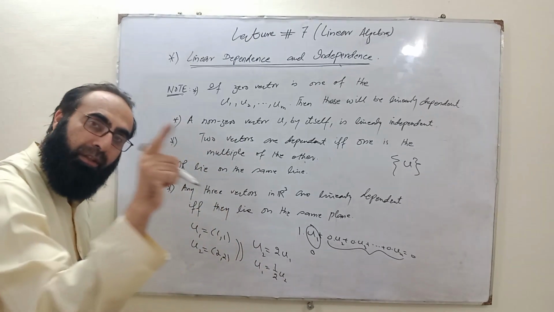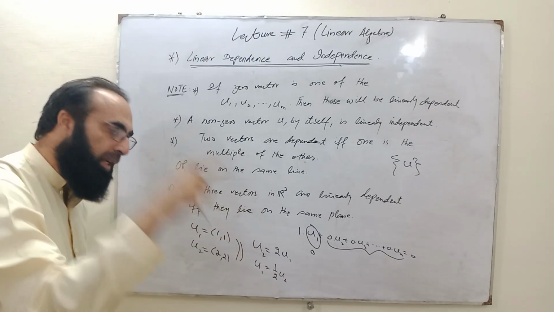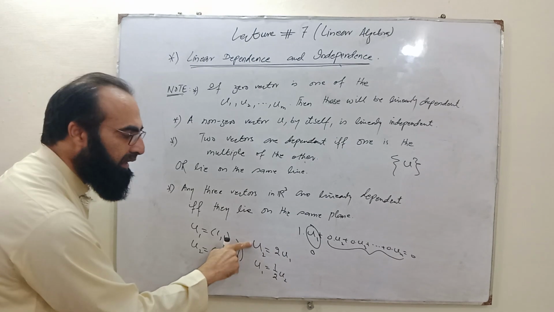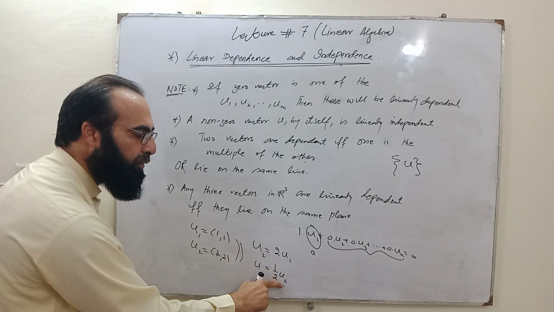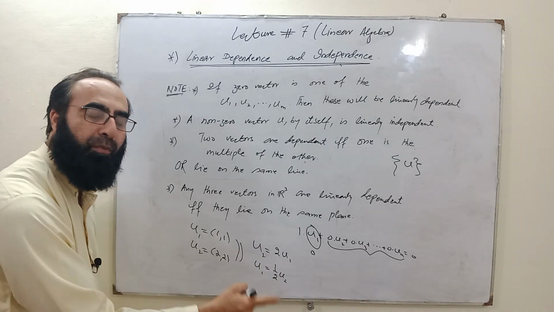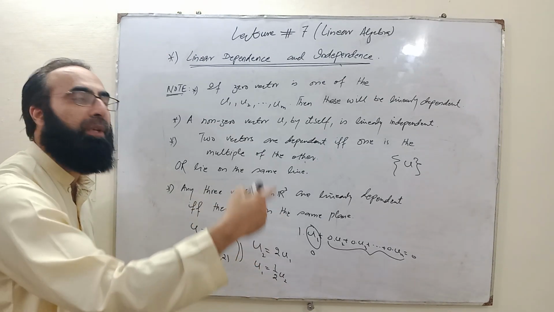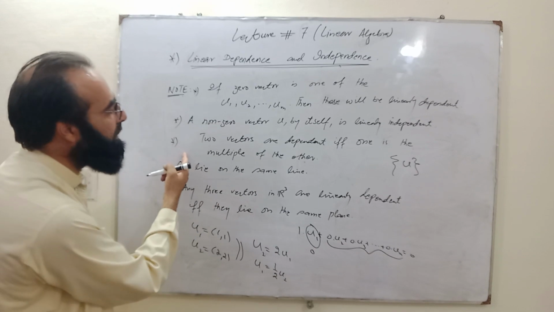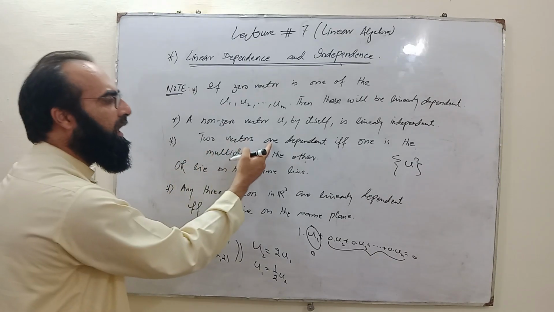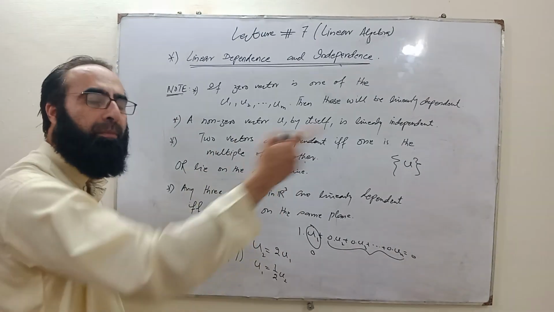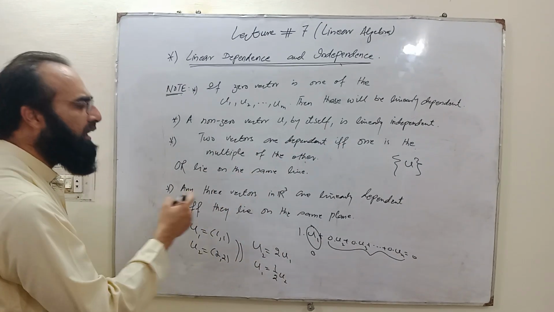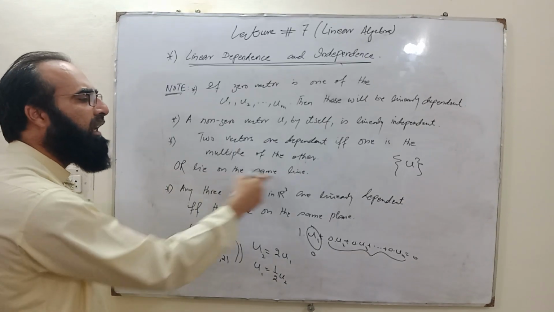So u1 and u2 were dependent, meaning one vector is a scalar multiple of the other, and this is our third condition. Two vectors are linearly dependent if and only if one is a multiple of the other. You can also say that they lie on the same line.